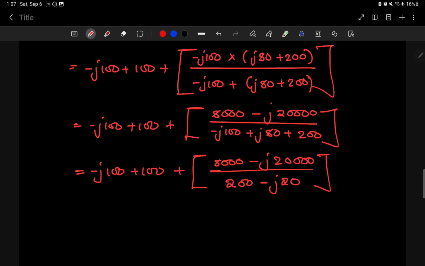Now, since we want to end up combining this, it's completely up to us here, we can choose to multiply this with a complex conjugate to get rid of that denominator. We're dealing with so many zeros, so let's try to cancel some of them. 20 can go into each term here. If we divide each term by 20, we have 8,000 divided by 20, which gives 400 on the first term.